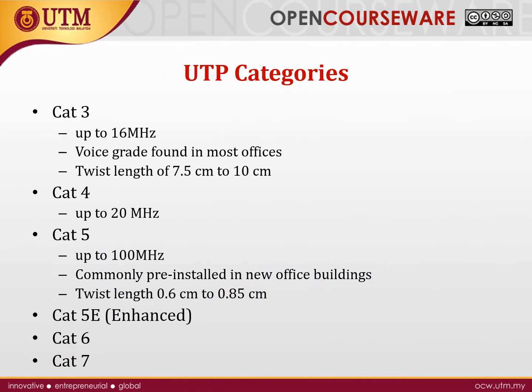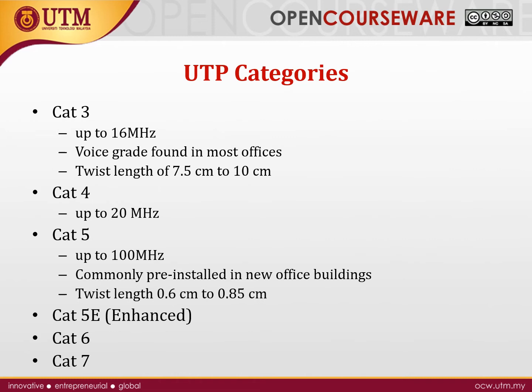And the unshielded twisted pair has many categories. For example, we have Cat 3, Cat 4, Cat 5. Each one has its own data capacity. For example, Cat 3 is up to 16 megahertz, and mostly for voice grade found in most offices, with a twist length of 7.5 centimeters to 10 centimeters.